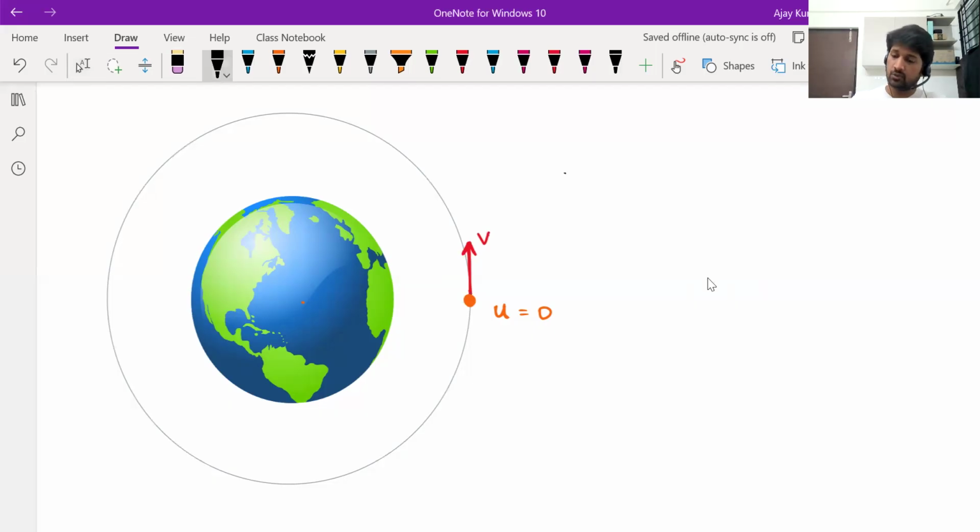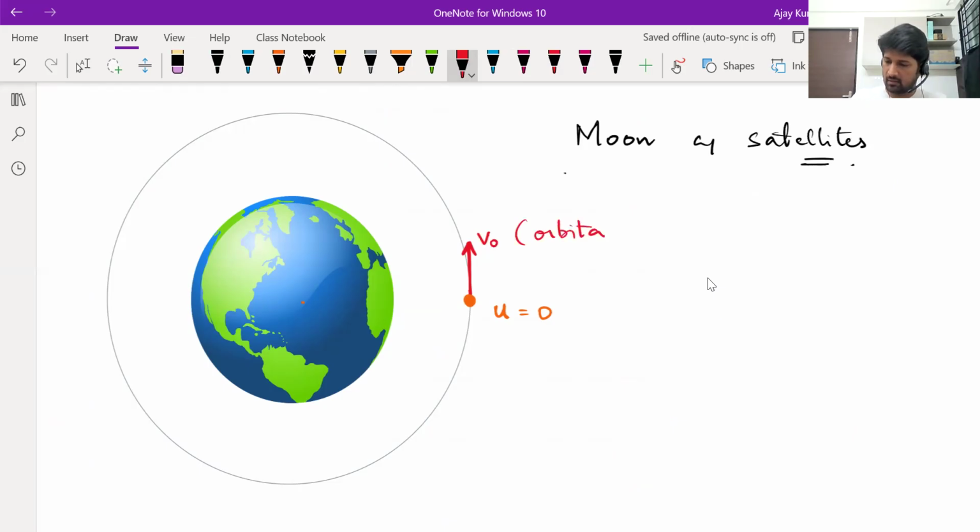In fact, that is what happens with our moon and the artificial satellites. That is what they do for one particular speed, which is called the orbital speed. Okay, we'll derive that. The object will go around the planet in circles.